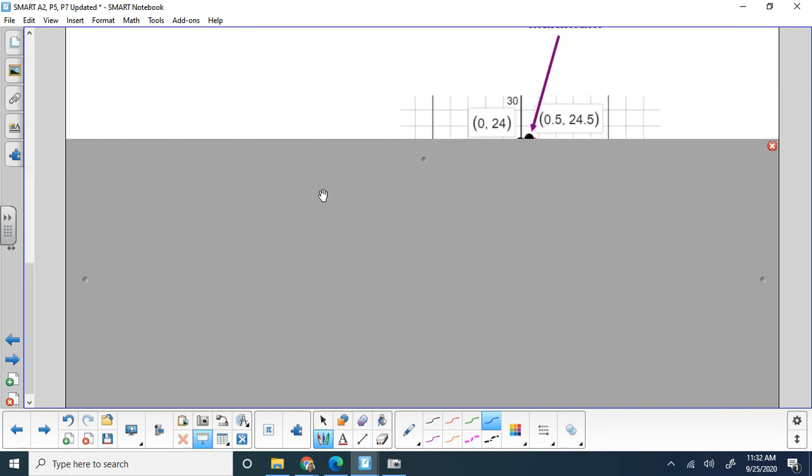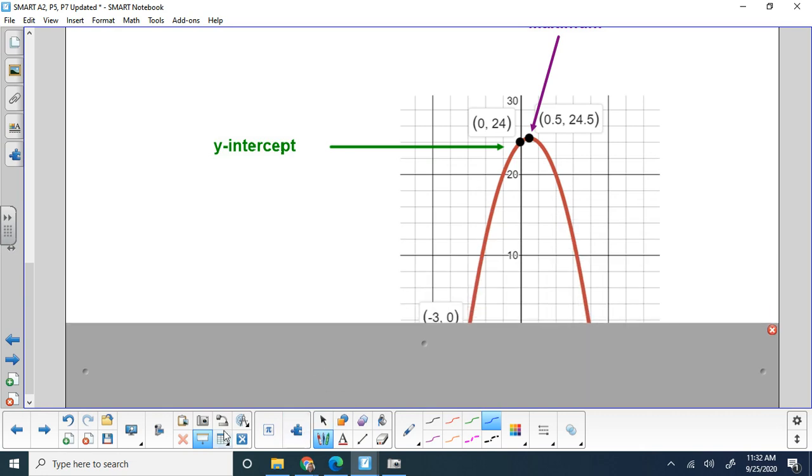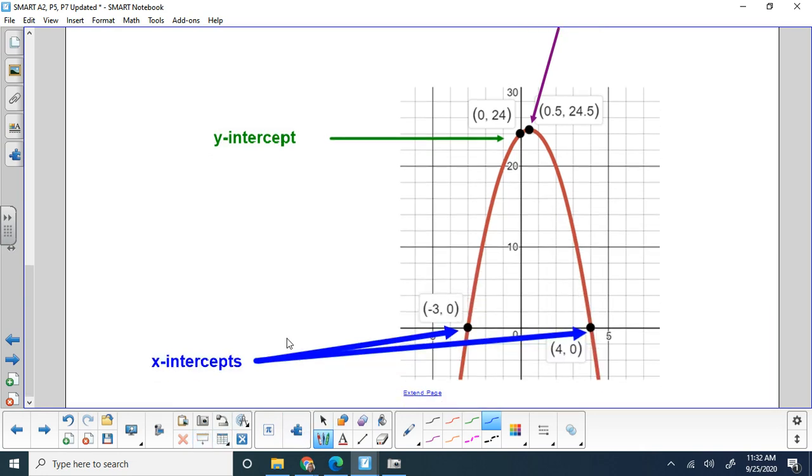Let's take a look at a graph that I have for us here, just to reference a couple of these vocabulary words. So here you see we have our maximum, and I've identified this one on the graph as 0.5, 24.5. We've also identified the y-intercept as where the graph is crossing the y-axis, and we have our x-intercepts, and that's where the graph is crossing the x-axis.